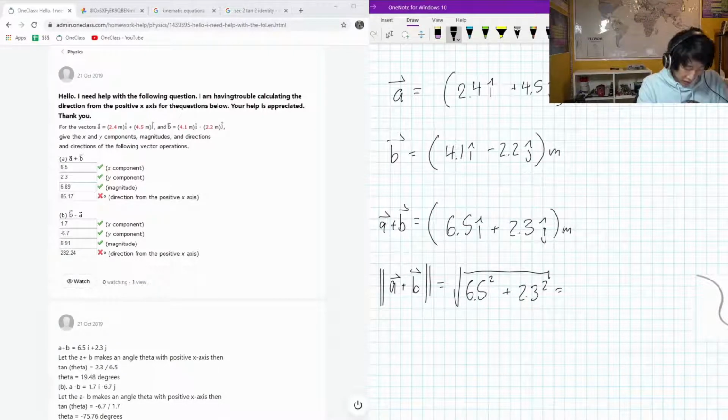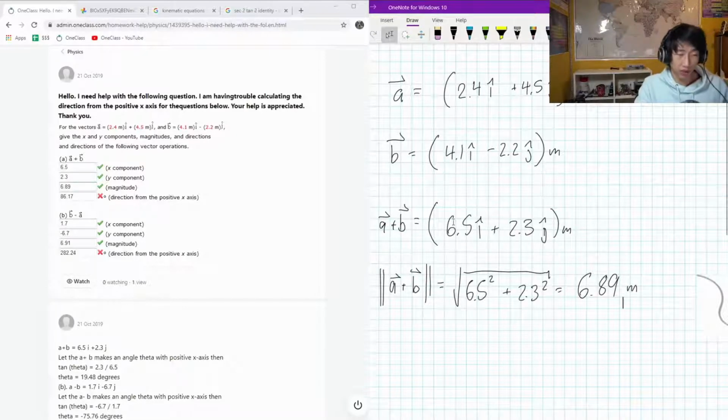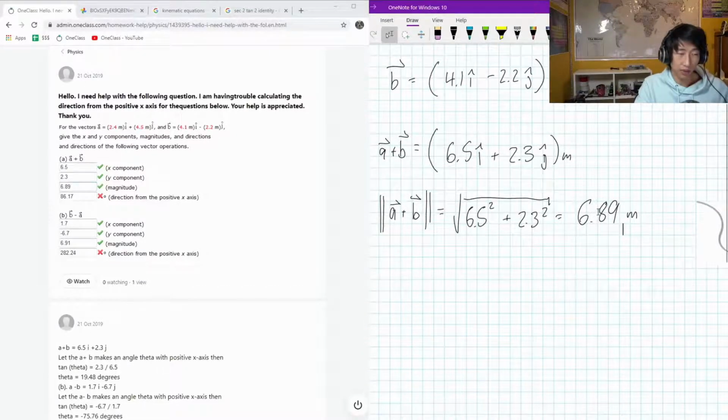It is 6.89 meters. Keep in mind that the units still persist, so the magnitude of this sum is in meters.